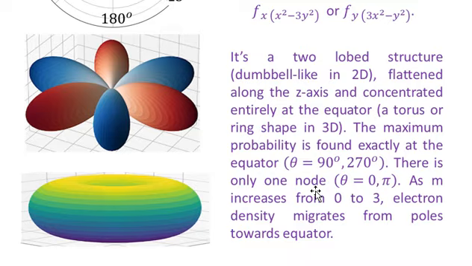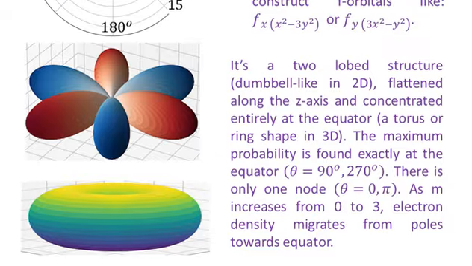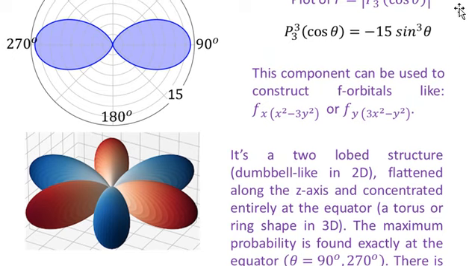There is only one node at an angle of 0 and pi, and mathematically this node is occurring 3 times because we have sine to the power 3.